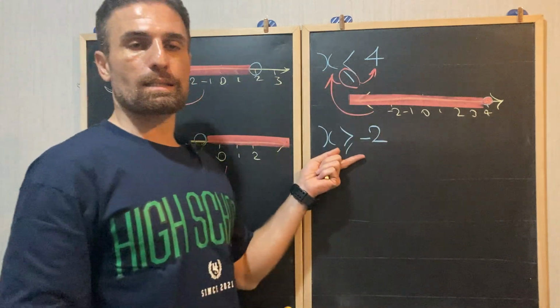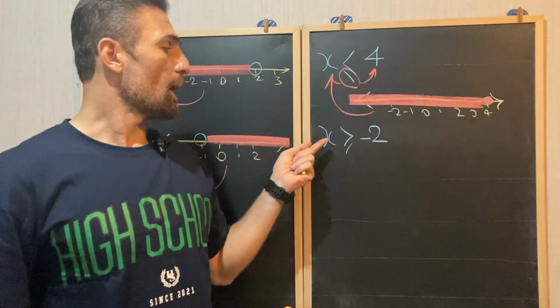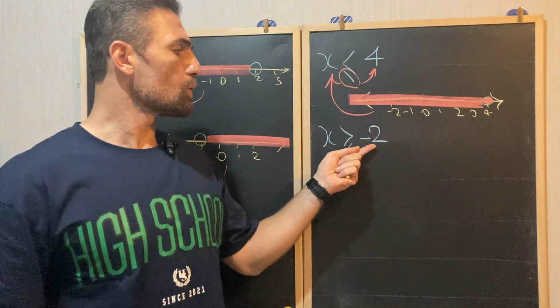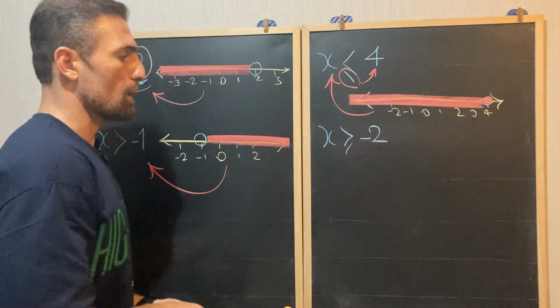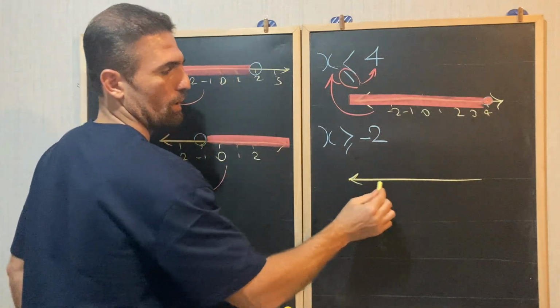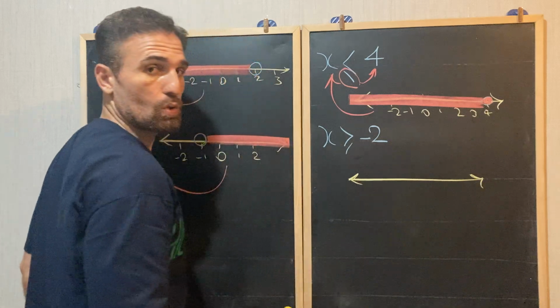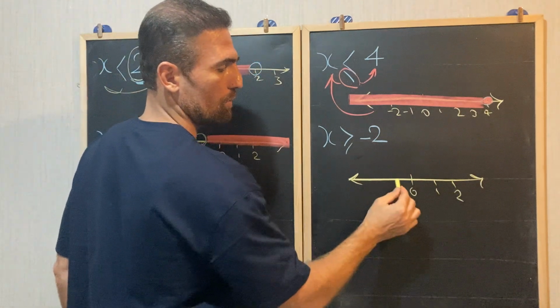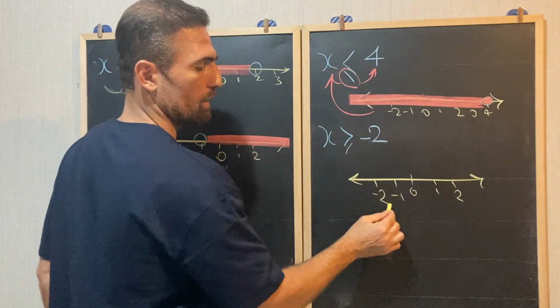And last example, it says x is greater than or equal to -2. At first, let's graph a number line and show numbers 0, 1, 2, -1, -2.